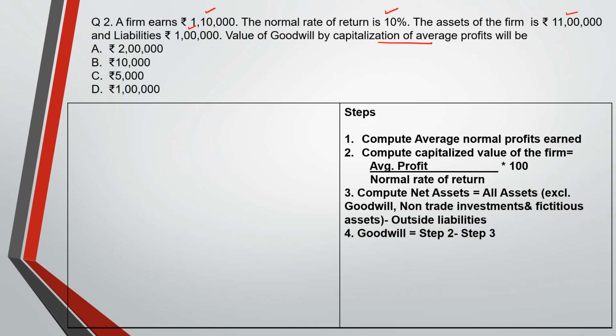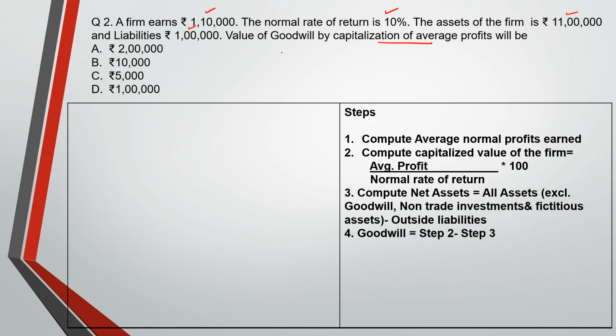So first let us understand the steps which we have to follow. If we follow the steps, we will be able to arrive at the amount of goodwill very easily. So there are only 4 steps that you have to follow. First step is you calculate the average normal profit earned. Now in the case of this example, they have directly given that the firm earns 1,10,000.